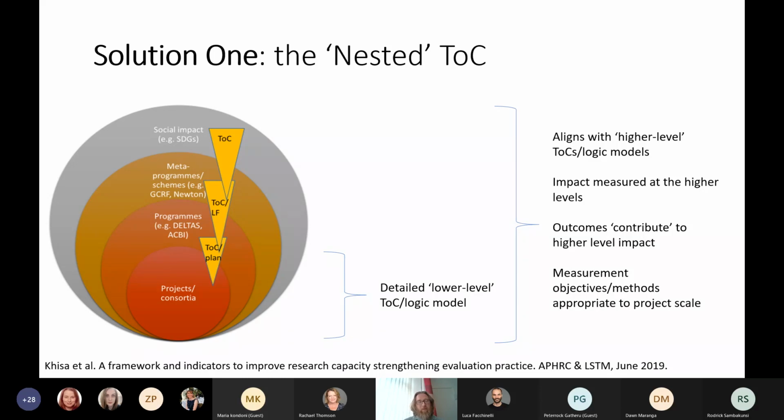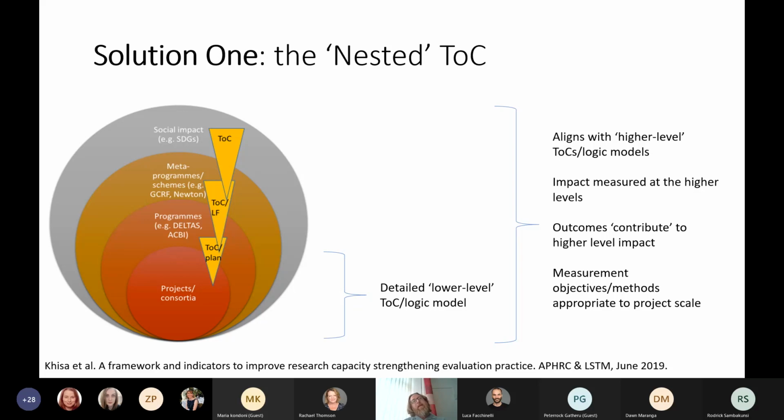I'm not entirely sure I'm explaining this as clearly as I could, but the logic being that in a logic model or a theory of change, you do need to provide some detail about what you're going to do and where you're going.